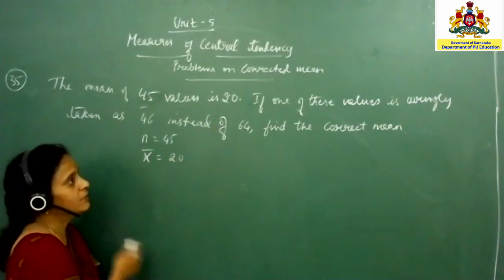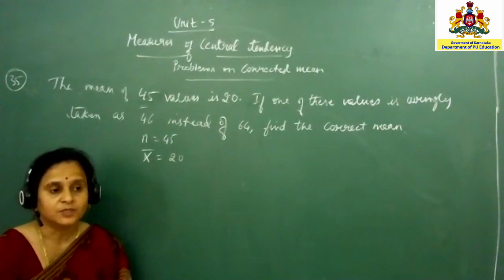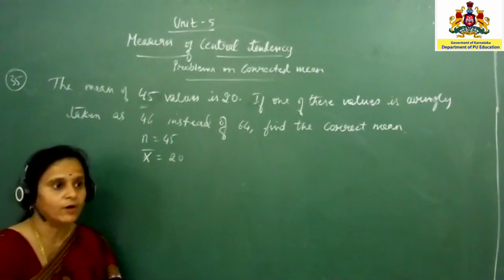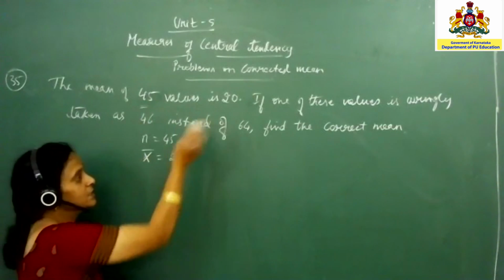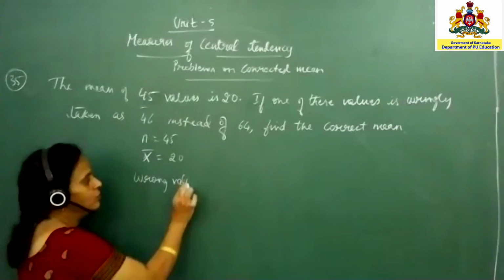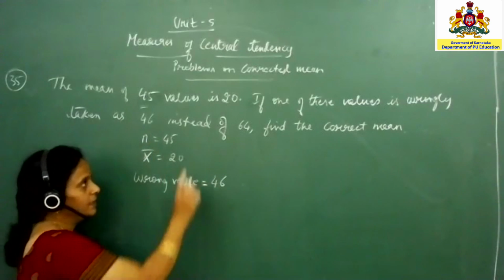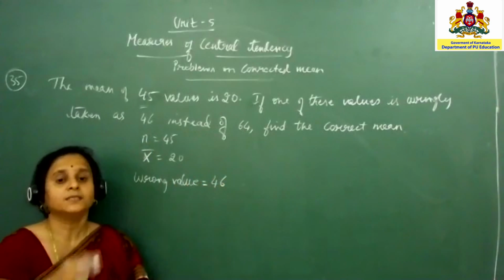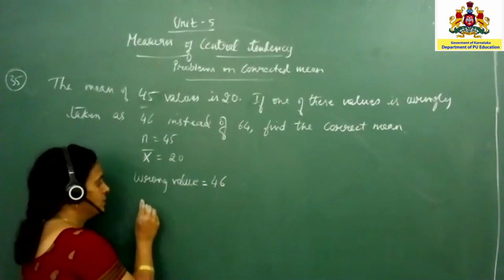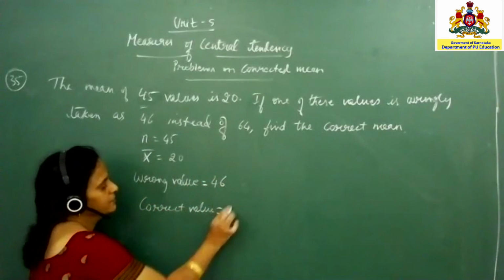Next sentence: if one of these values is wrongly taken as 46 instead of 64, it means one observation is taken as a wrong value, 46. Instead of 64, meaning 64 is the right one, the correct value is 64.